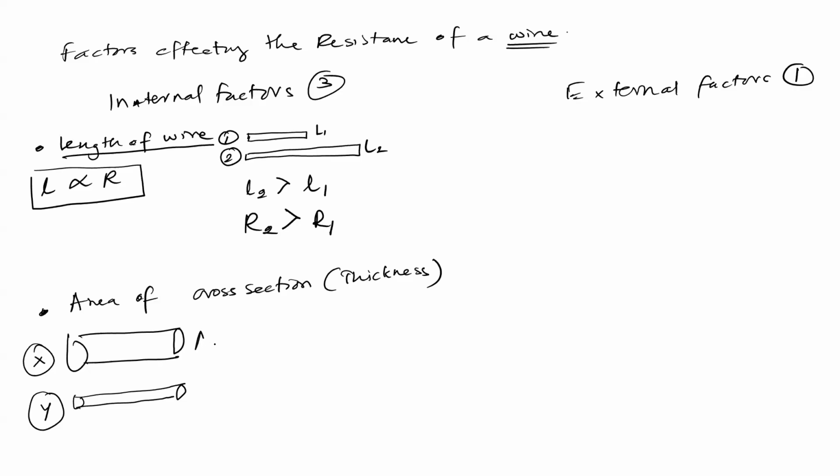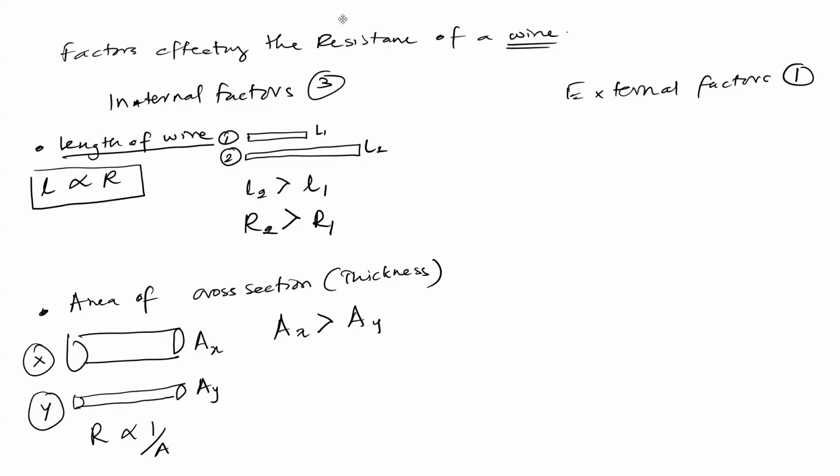So I can say that the area of X is greater, area of Y is lesser. The relationship between area and resistance is inversely proportional. When area increases, resistance decreases. When area decreases, resistance increases.